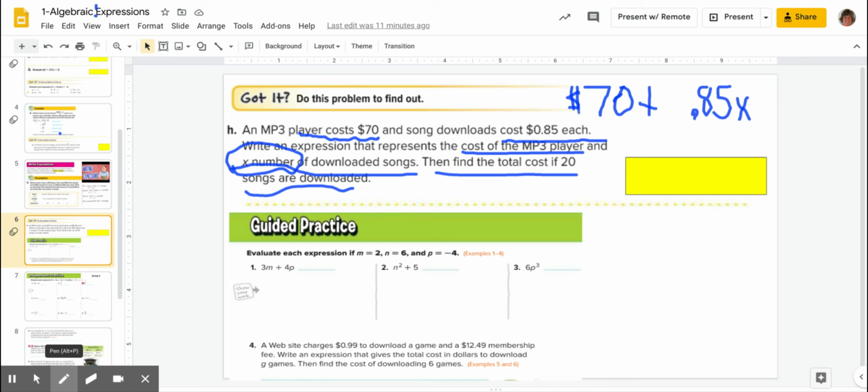So if I had 20 downloads, where would the 20 go? Right, it would go in place of the X. What does it mean if they are right next to each other? It means to multiply. So, solve this example.